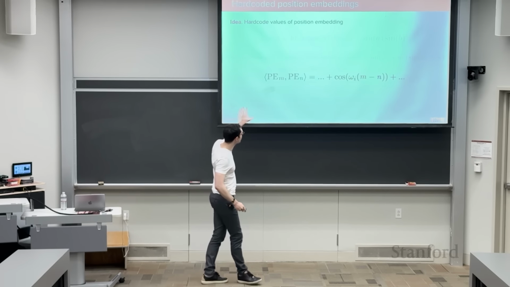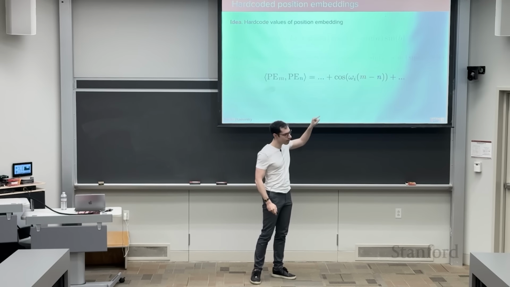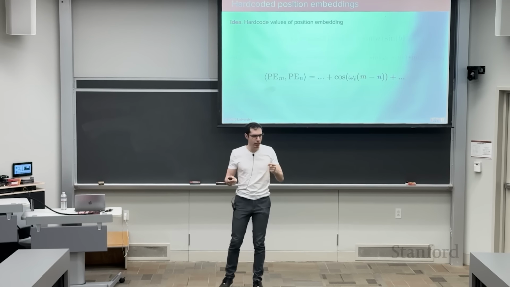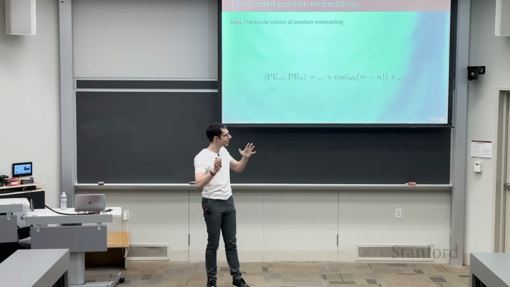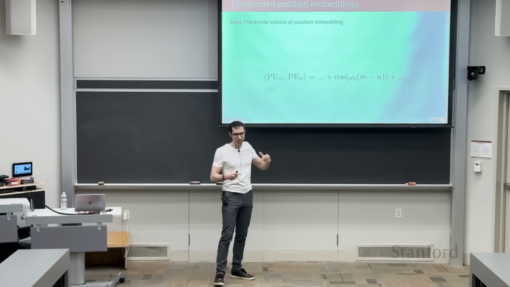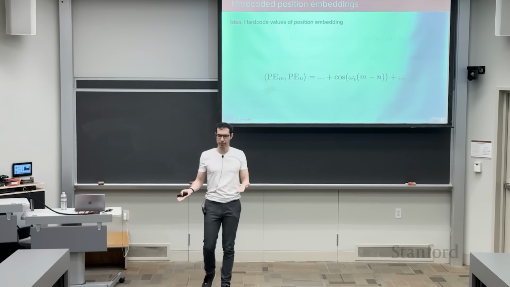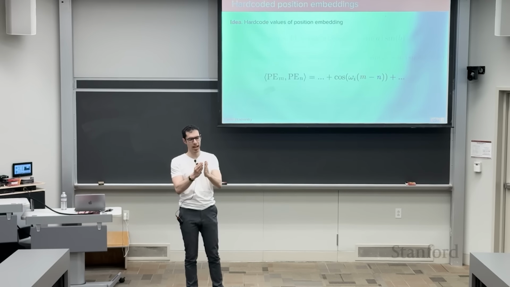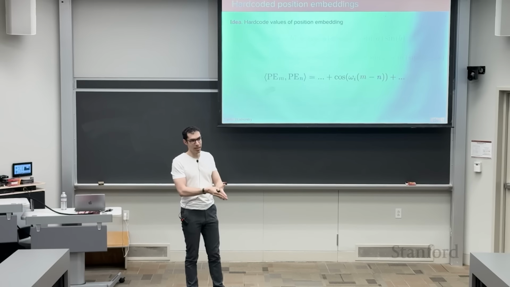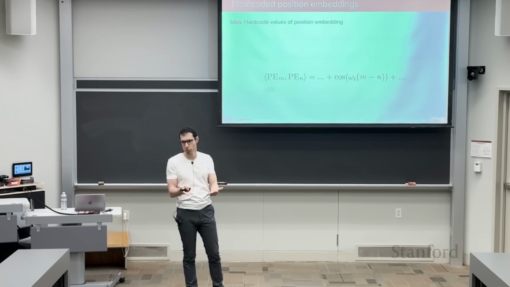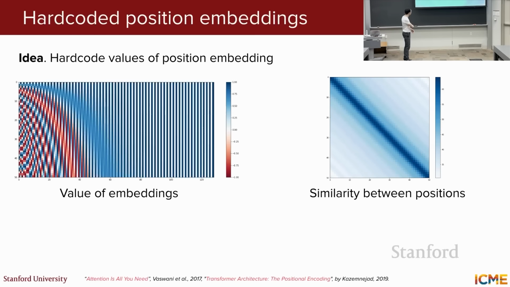But what I'm trying to say is that for m equal to n, you have basically a sum of cosine of 0, and it is the value at which this quantity is maximal. So when m is equal to n, if you're looking at the position itself, it's the most similar, which matches our intuition.